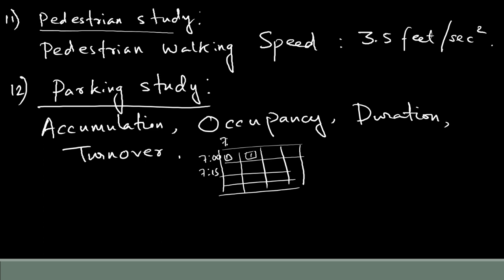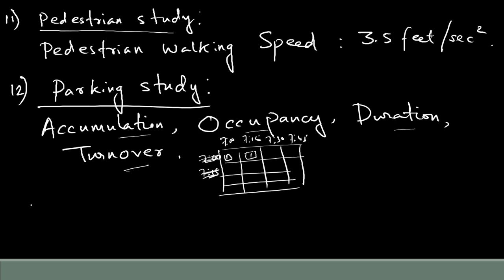You can do it like here: 7, 7:15, 7:30, 7:45, every interval, on the vertical axis. That's how you will have a record of all the data, and from there you will find accumulation, occupancy, duration, and turnover.